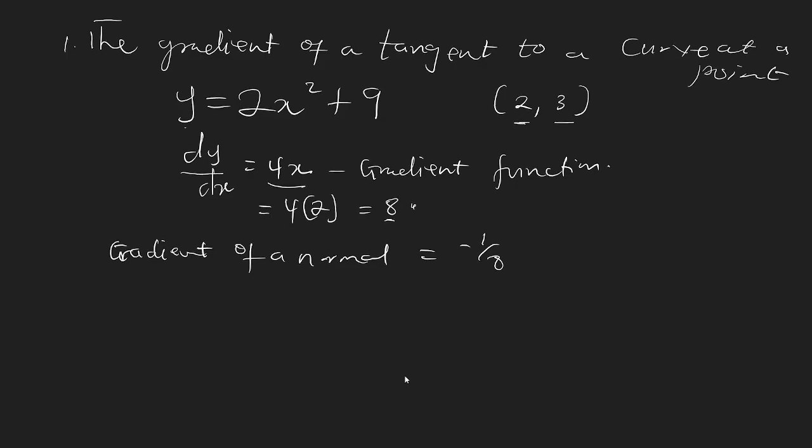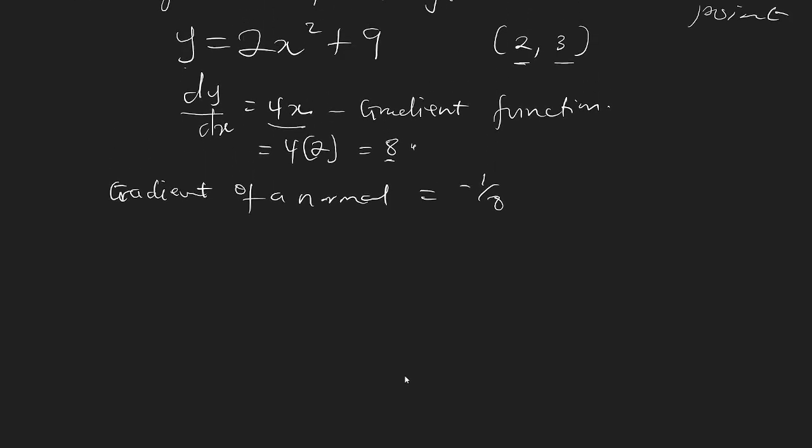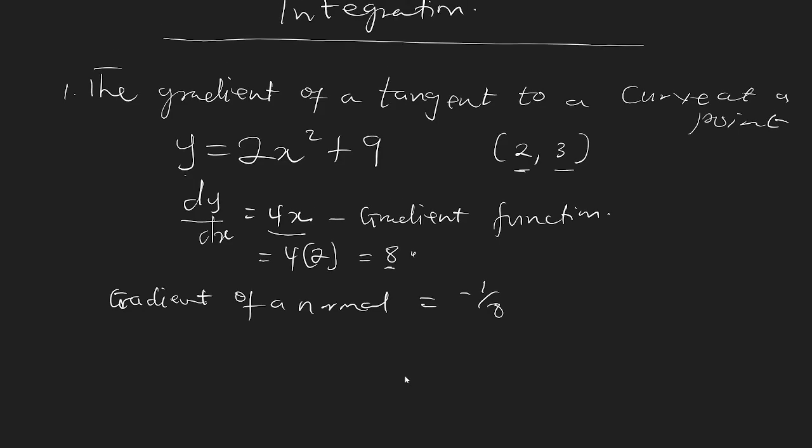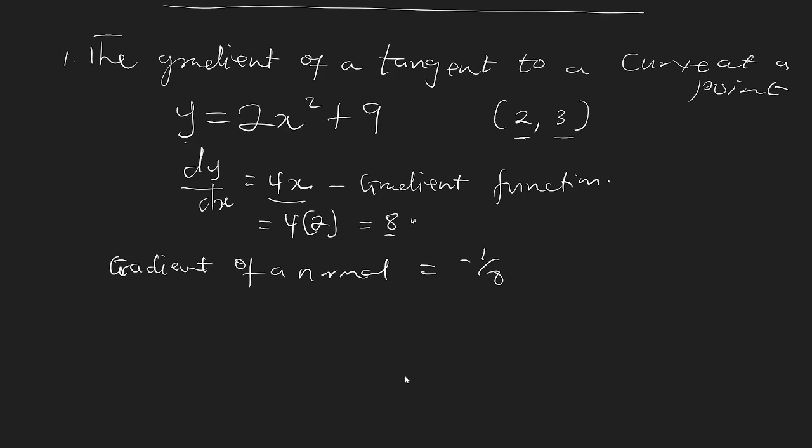Let's take an example under this part. To find the gradient of a curve at the point (x, y) on the curve, you find dy/dx using the appropriate rule, either the power rule, the chain rule or the quotient rule, any rule that will help you to differentiate.